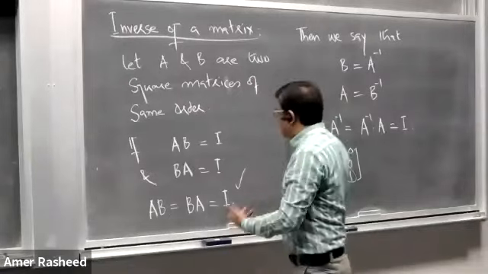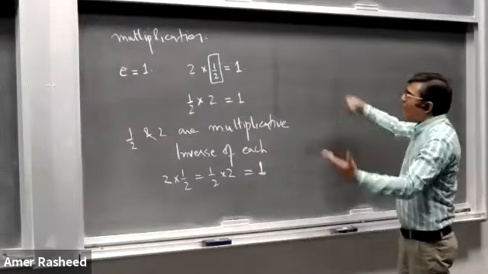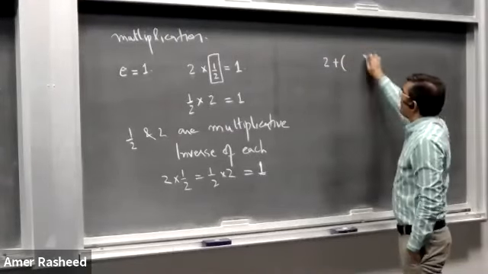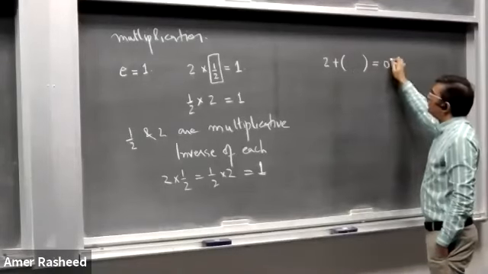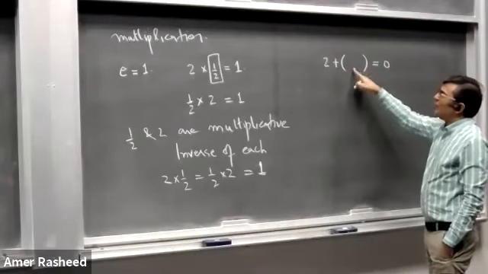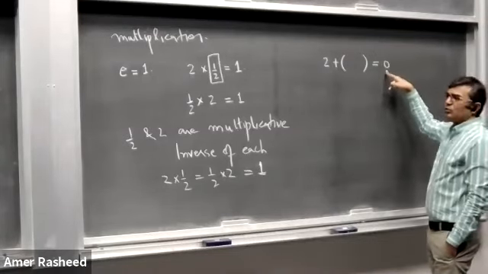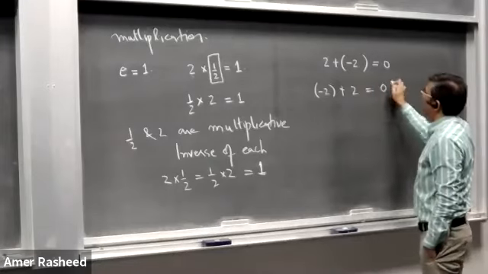Now, if you are adding two numbers, what is the identity? It's 0. What number do we add to 2 so that we get 0? It is -2, or -2 plus 2 is again 0.